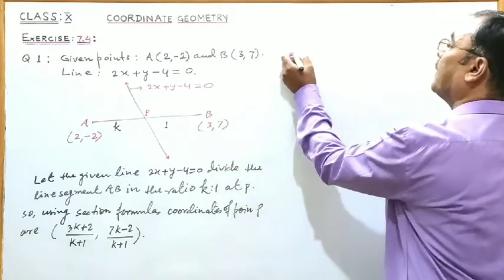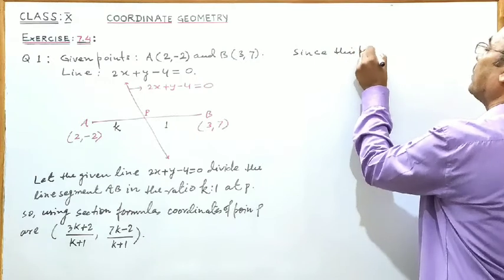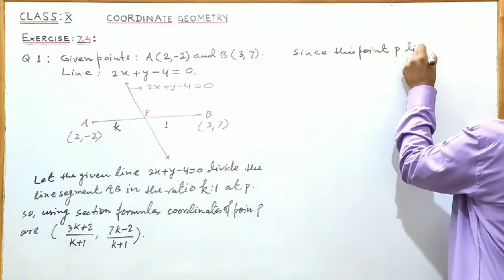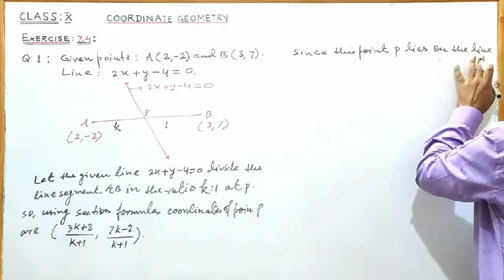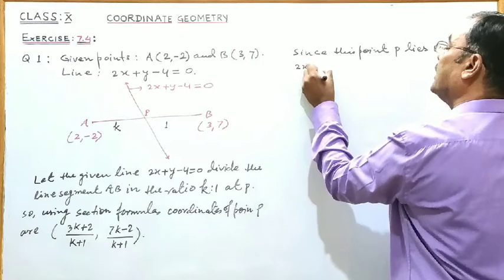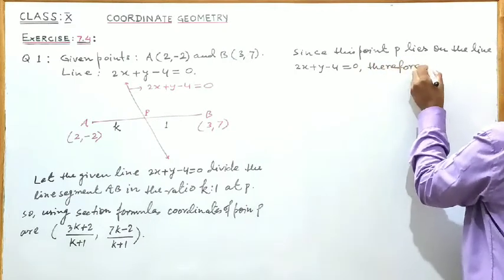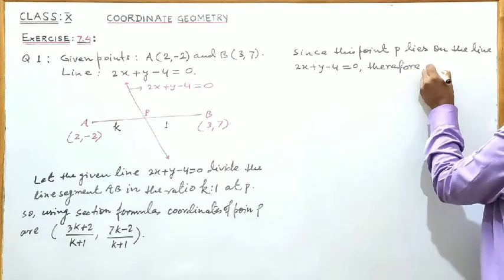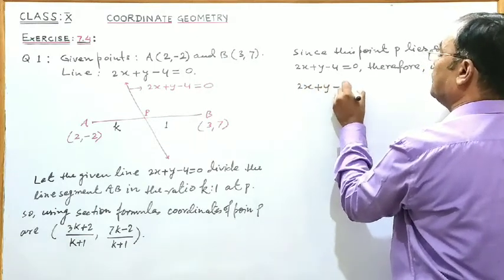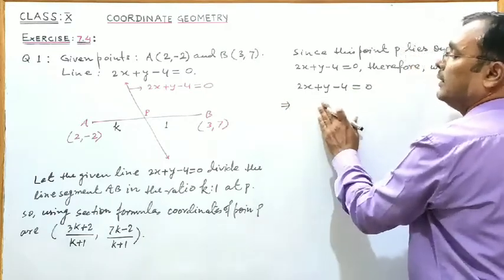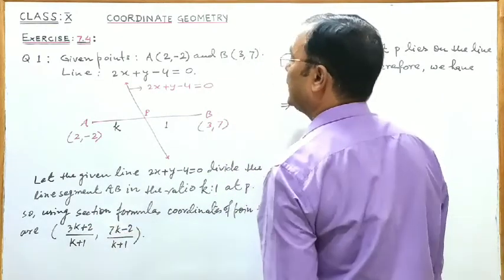Since this point P lies on the line segment on the line 2x plus y minus 4 equal to 0, therefore we have 2x plus y minus 4 equal to 0 will be satisfied by the coordinates of this point P, ((3k plus 2) by (k plus 1), (7k minus 2) by (k plus 1)).